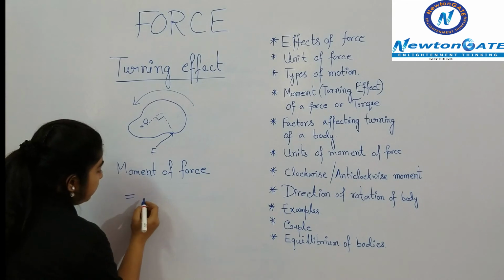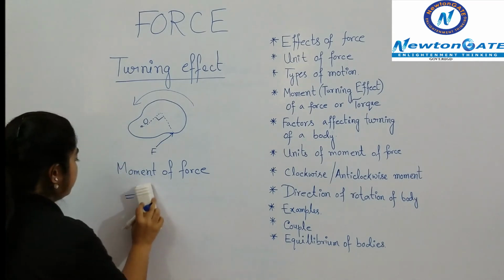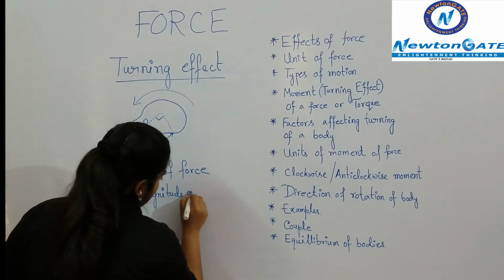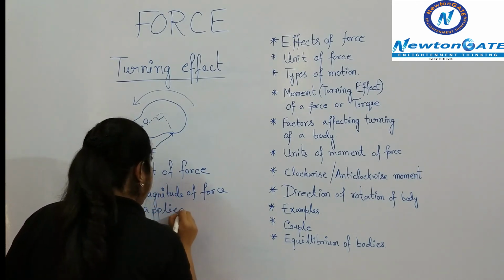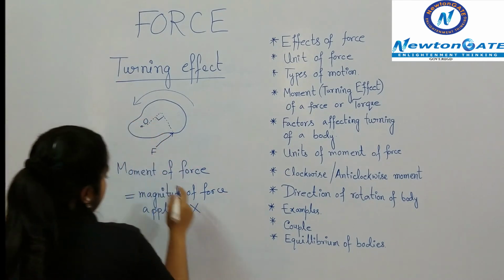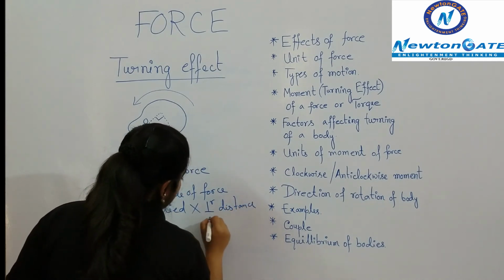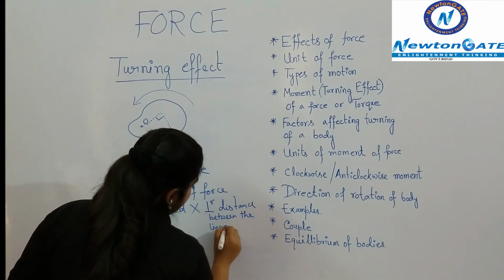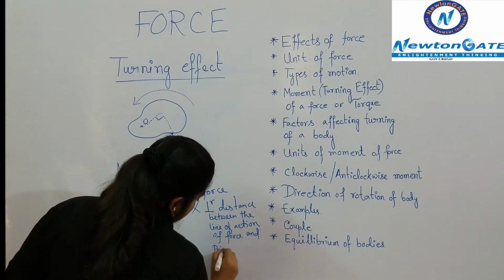That means moment of force can be written as the magnitude of force applied multiplied by the perpendicular distance between the line of action of the force and the point at which it is fixed.